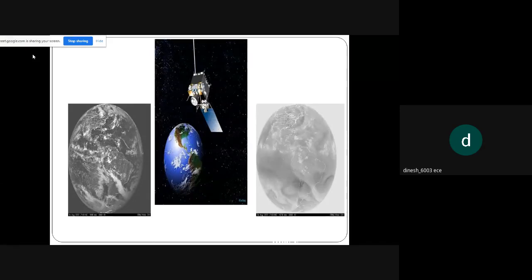The photograph was taken in August 2005 at 5:45. You can see the resemblance. How North America looks in the first picture, in the second picture, and in the third picture.